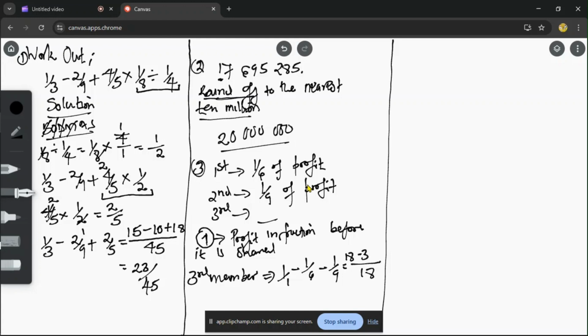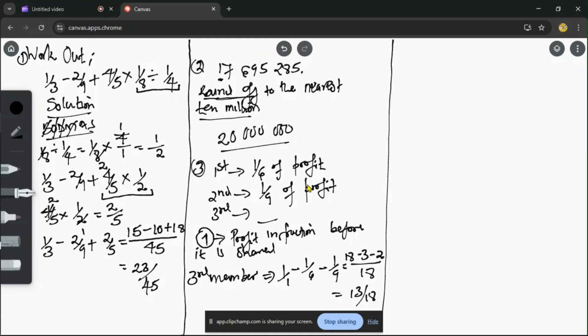Then 18 divided by 9 is 2, 2 multiplied by 1 is still 2. So the final answer is 18 minus 3, that is 15, 15 minus 2, that is 13, like that. So the third member received this fraction.